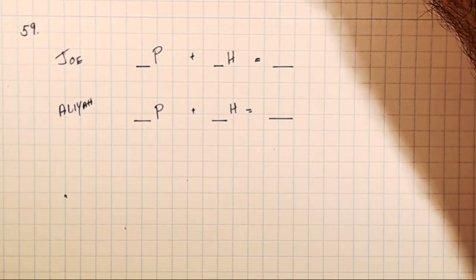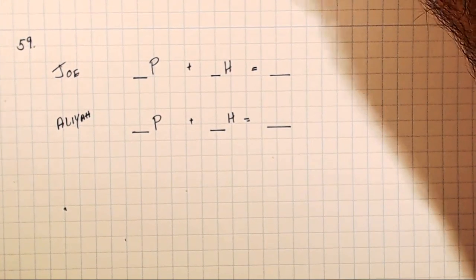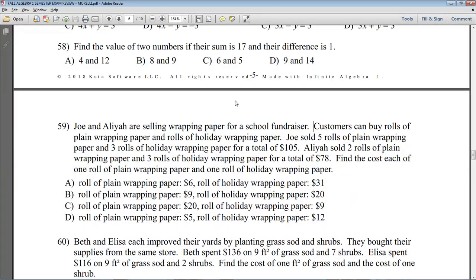Okay, so let me share my screen with you again. Joe sold 5 rolls of plain and 3 rolls of holiday for a total of 105. Aaliyah sold 2 rolls of plain and 3 rolls of holiday for a total of 78.